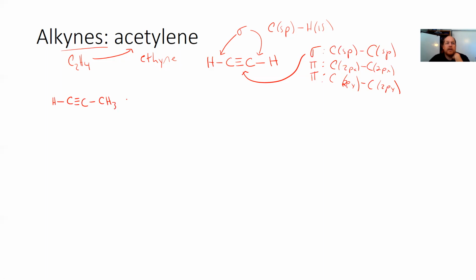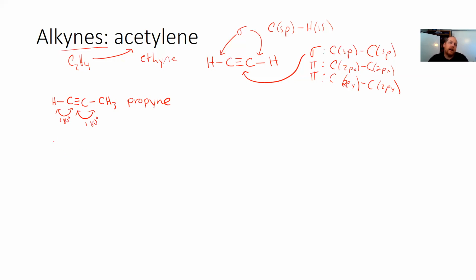And so this one would be, well, it's 3 carbons long, so propyne. And keep in mind that you have that angle there, right? That's a 180-degree bond angle there, and there's a 180-degree bond angle there, in both of those cases.